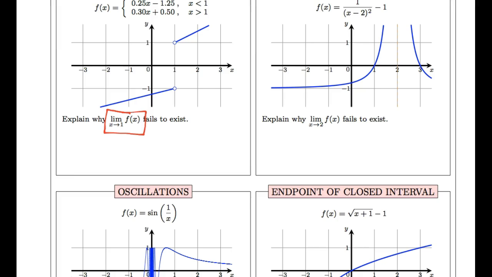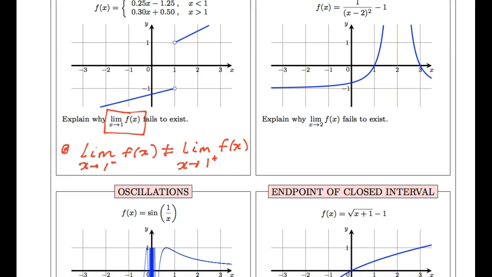Because the one-sided limits are not equal: the limit as x approaches 1 from the left of the function does not equal the limit as x approaches 1 from the right. That's why that fails.